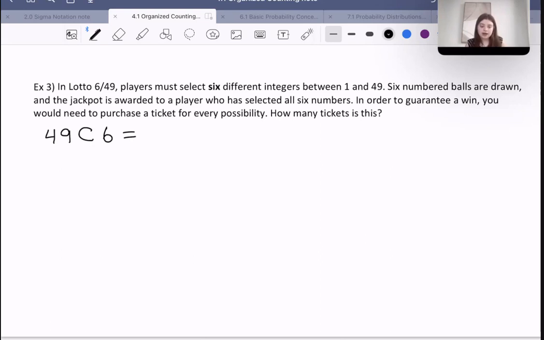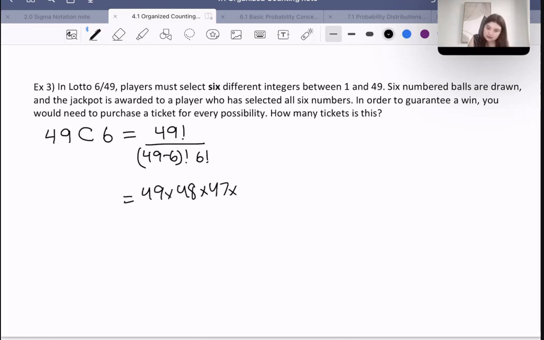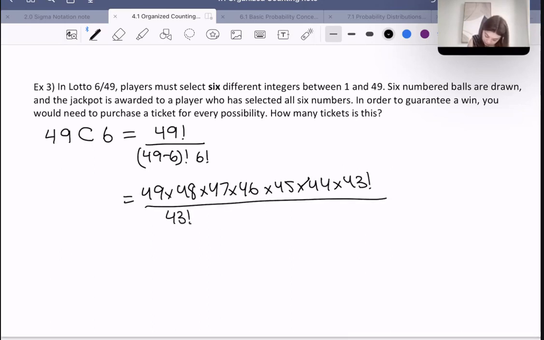So then we have 49 factorial over 49 minus 6 factorial, 6 factorial, which is going to be 49 times 48 times 47 times 46 times 45 times 44 times 43 factorial over 43 factorial, 6 factorial, so we can cancel those.